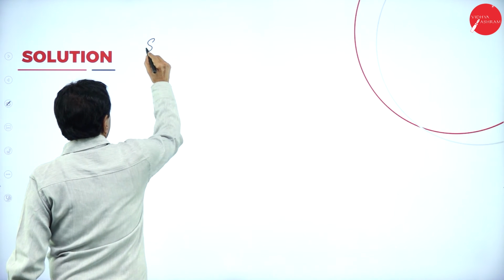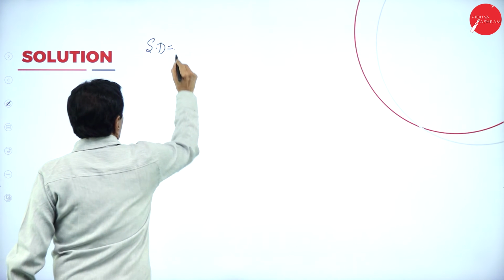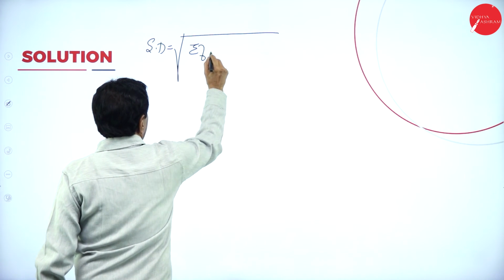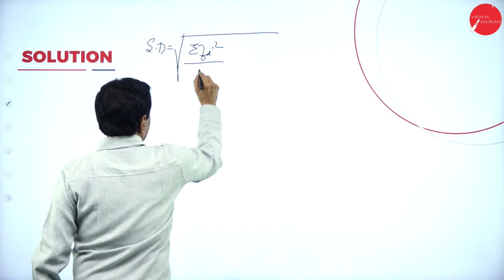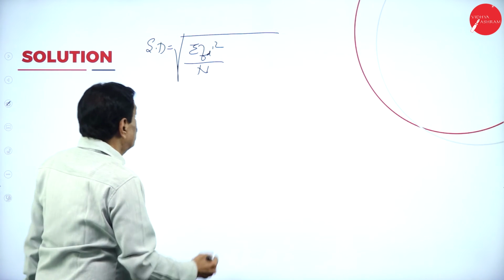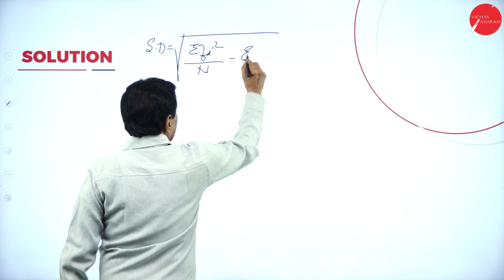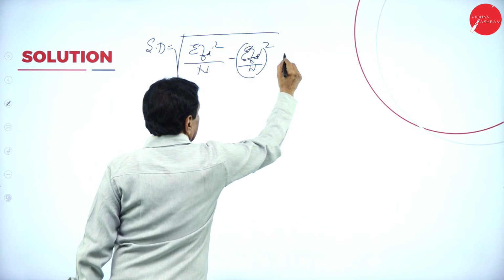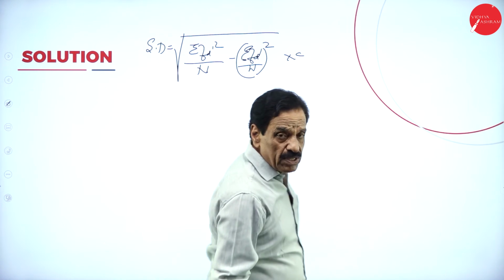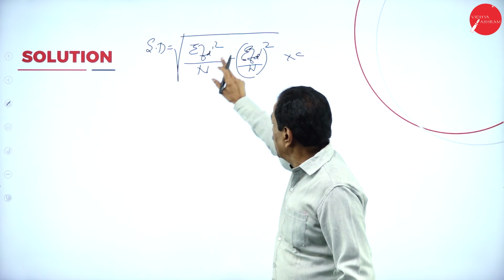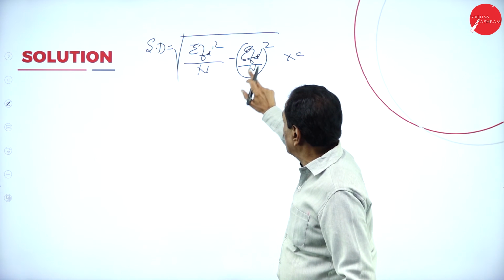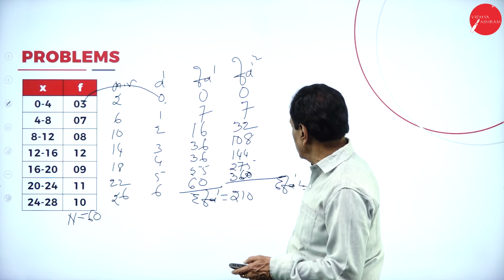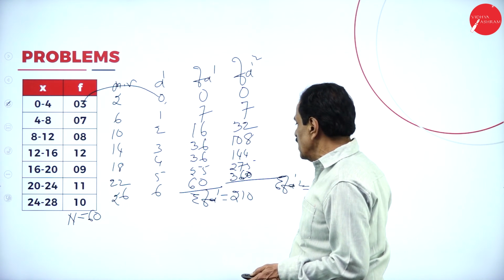Standard deviation is equal to root of sigma ft dash square divided by n minus sigma ft dash divided by n whole square into c. See that?